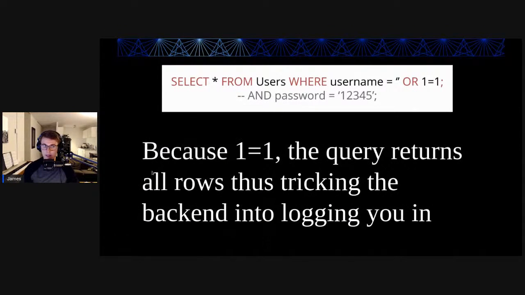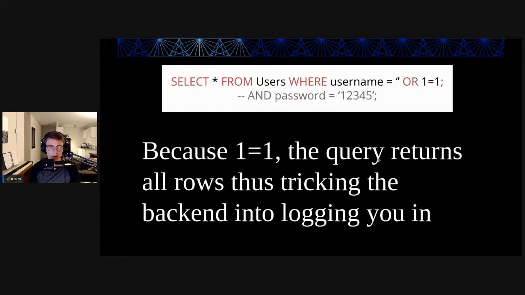Like I said, because 1 equals 1, the query looks like this. 1 equals 1 will trick the backend into logging us in because it will return some rows, because the condition will evaluate to true. Even if this username equals apostrophe, or this username equals empty string doesn't equal true, this 1 equals 1 will make it true. So hopefully that makes sense.